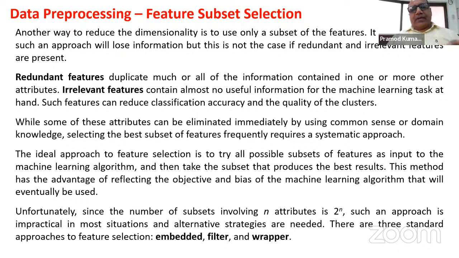For a very simple reason: a lot of features may be redundant or irrelevant. Now, what is the meaning of redundant or irrelevant features? Redundant features duplicate much or all of the information contained in one or more other attributes.